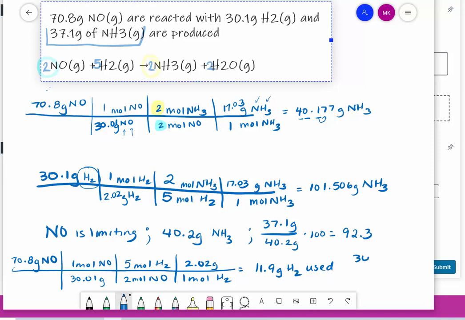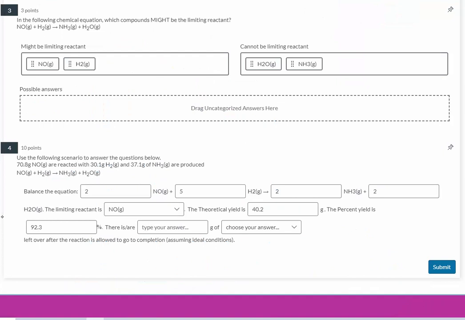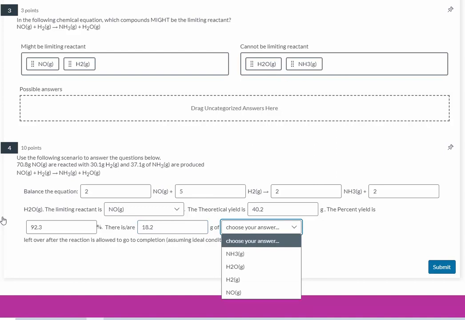I started with 30.1 grams of H2, but I only used 11.9 grams. So I have in excess, I have 18.2 grams left. So that number goes here, 18.2. The grams is already given to you. And then the excess reagent then is going to be hydrogen.